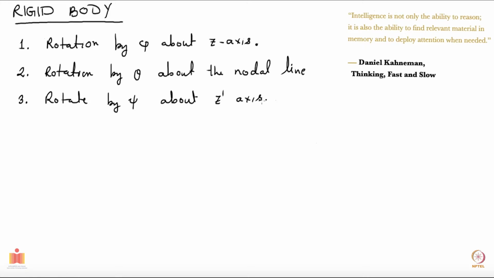Okay, so these are only 3 steps involved in here, and now you would like to know how your matrix A looks like when it is parameterized in terms of phi, theta and psi, these Euler angles.